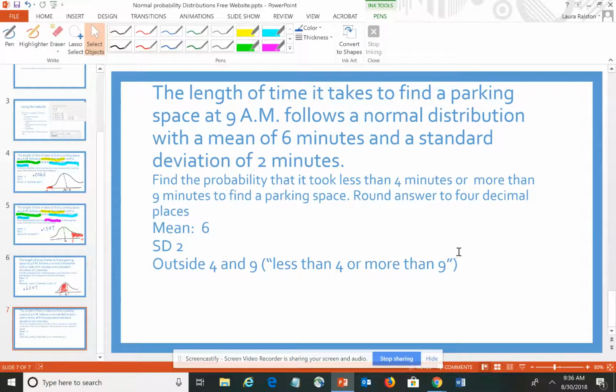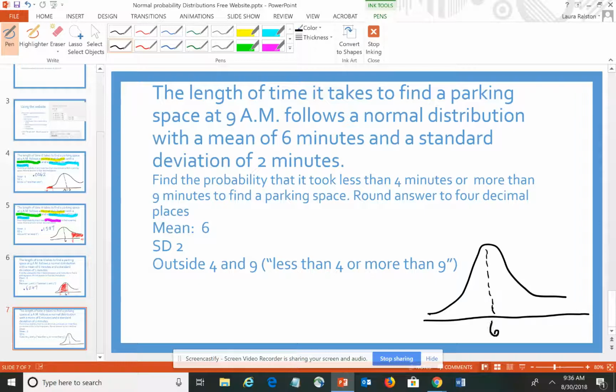Same scenario. We know it's a normal distribution. Mean of 6 minutes. Standard deviation of 2 minutes. This time probability it took less than 4 or more than 9. So again, if I try to draw my picture here, have my horizontal axis, my normal distribution, my mean is in the middle, which is 6.